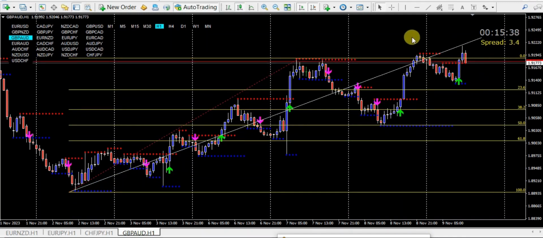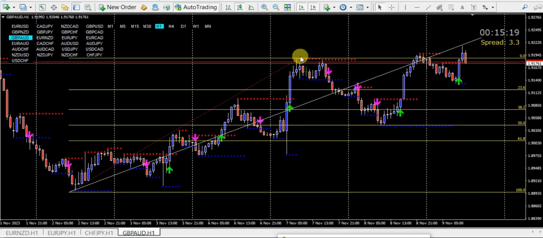So now those points that we think the price will always come back from: the first one is 23.6, the second one is 38.2, the third one is 50%, and then 61.8%.